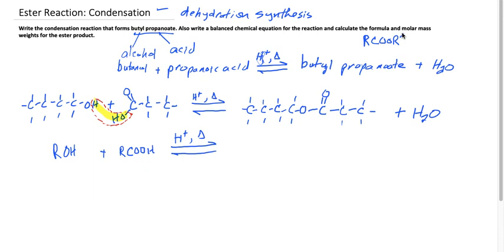But you should recognize the COO part, this part right there. This R prime is actually this part right there, and then this R is this right here. So there's your COO right there, and COO.